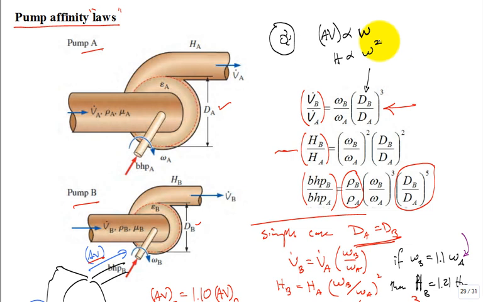That's the proportionality. And then for the brake horsepower, that's going to be proportional to the head gain and the volumetric flow rate. So you already pick up omega squared from one and omega from the other, and so the brake horsepower is proportional to omega cubed. So the power really changes dramatically as a function of omega, the speed cubed.